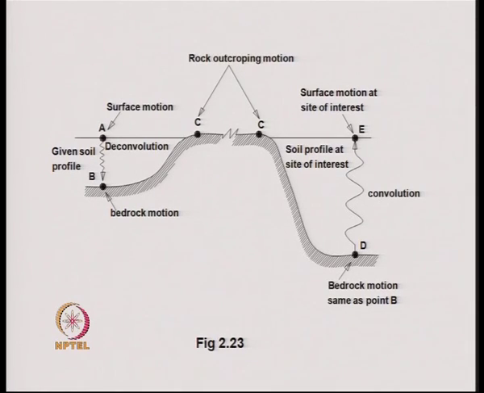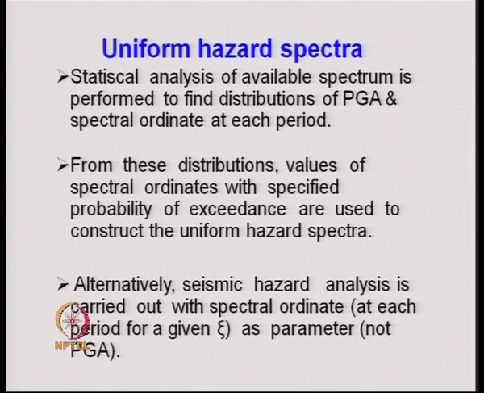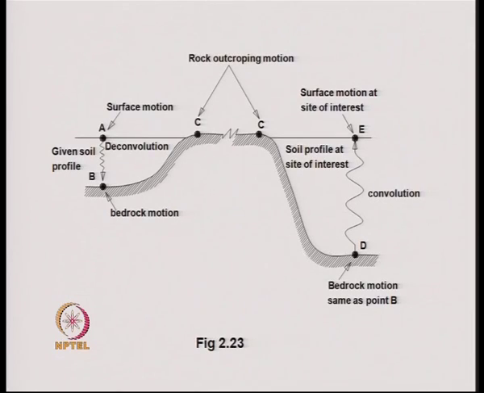process. And once we get the bedrock motion, we assume that the bedrock motion that is available at point D will be the same as that which is available at point B, and assuming these two bedrock motions to be the same, then we carry out a forward wave propagation problem at point D to point T and consider the appropriate soil condition while performing this convolution technique.